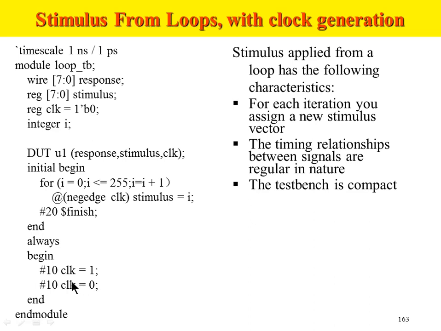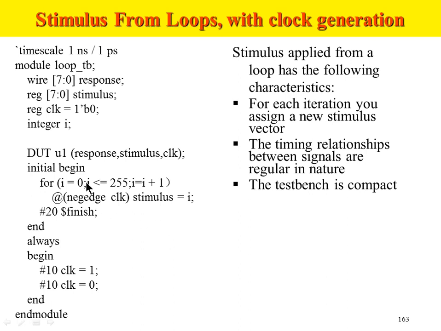The negative edge of this clock signal will be sensed here in the initial block, and on that negative edge of the clock the stimulus will be applied. The initial block and the always block work concurrently with respect to each other. They are executed in parallel.